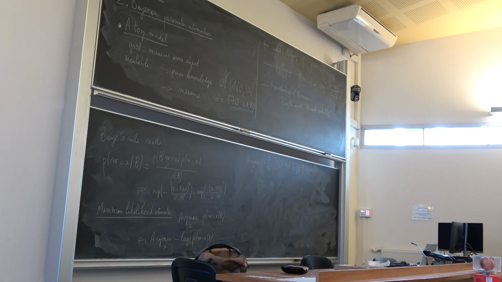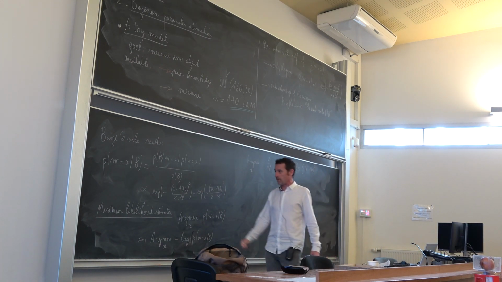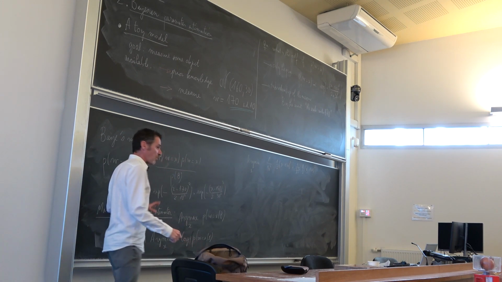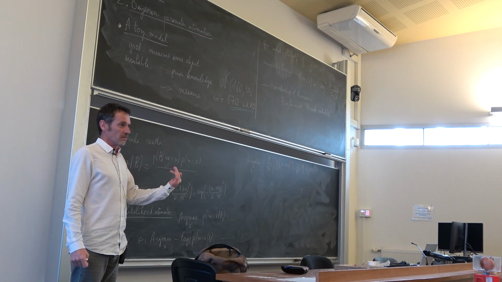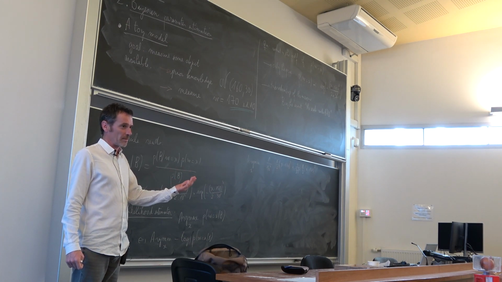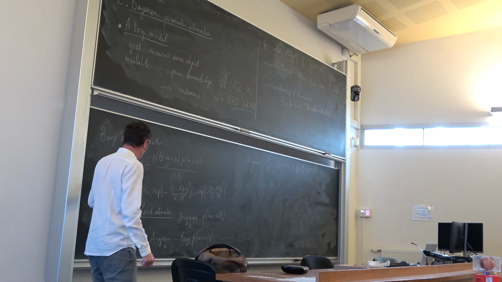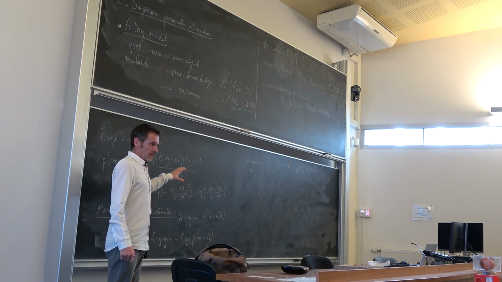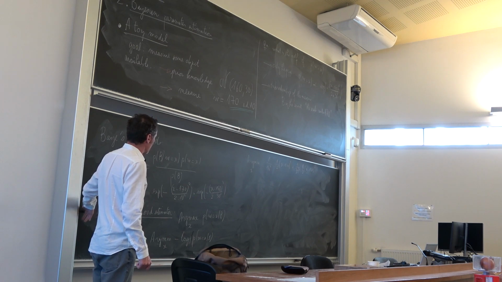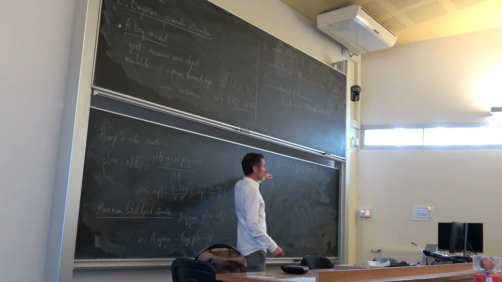Okay, so the question of estimating some parameter, if I have some prior that is of probabilistic nature, and if I have some measure that has some noise, if I want to find the maximum likelihood estimator, it becomes a variational problem.